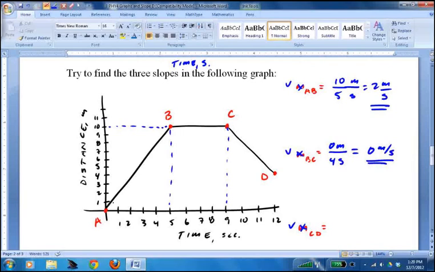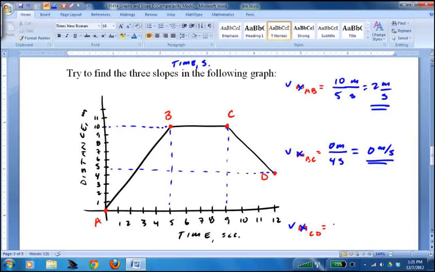This is somebody who biked out for 5 seconds, stopped, realized they forgot their watch or something, turned around, and came back because this is a negative slope. This is approximately 5. Again, not a very well drawn graph. It goes from 10 to 5.